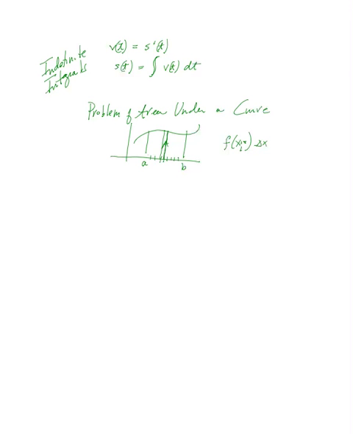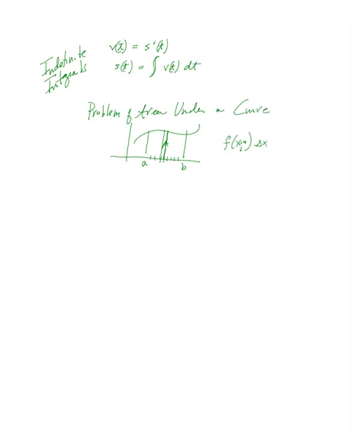We picked an x sub i star in the ith subinterval, either a left-hand endpoint or a right-hand endpoint or a midpoint, and we let the height of the rectangle be f of x sub i star. And so we approximated the area under this curve by just adding the areas of n rectangles.